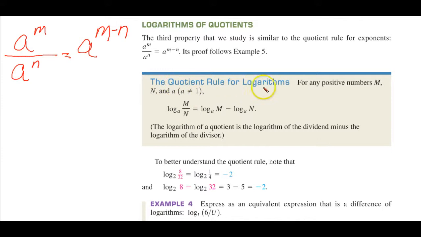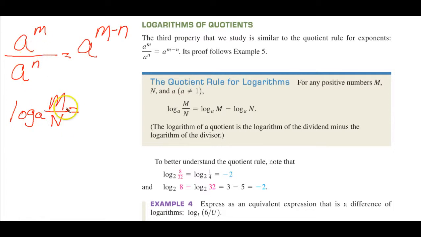So the quotient rule for logarithms for any positive number m, n, and a do not equal 1, we can then work this out, and let me write it over here too, that we know that this is what this is up here.